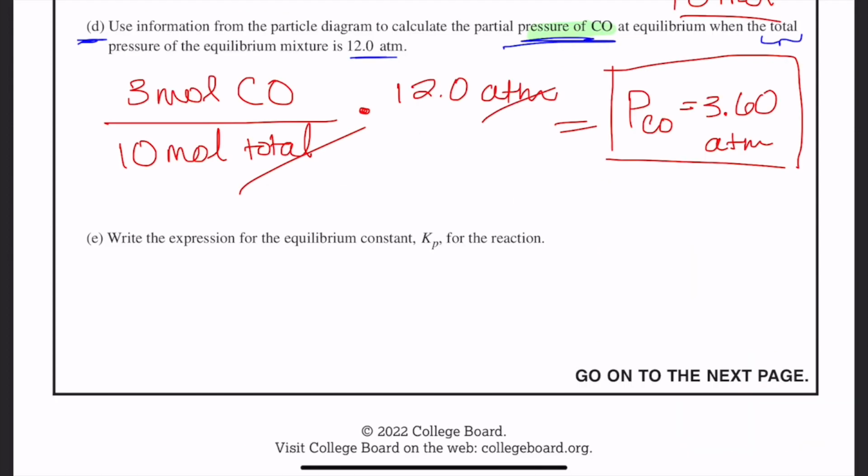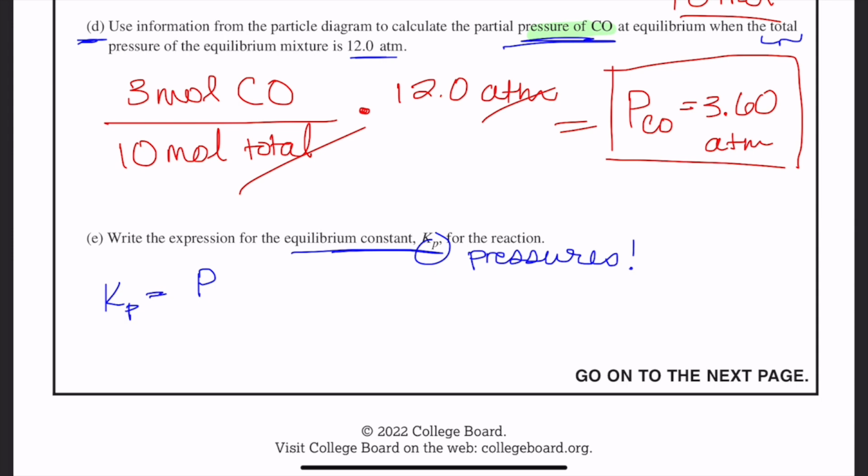In part E, they are now asking us for the expression of the equilibrium constant, Kp. Notice the subscript P. This means pressures. This is important. Do not use brackets in your expression because that is incorrect. It is asking for partial pressures instead of what we usually see as concentrations.